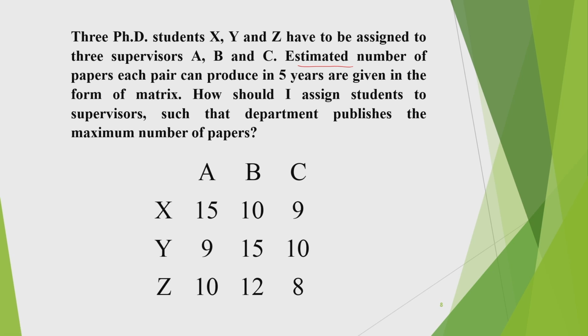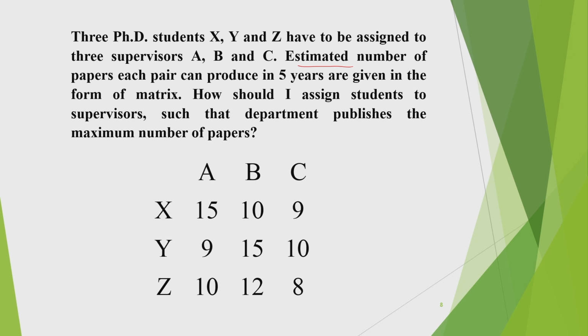If student X works with supervisor A, in 5 years he can produce 15 papers. If he works with B, then the frequency will not match that much and he can produce 10 papers, and with C he can produce 9 papers. That means student X and supervisor C can produce 9 papers.